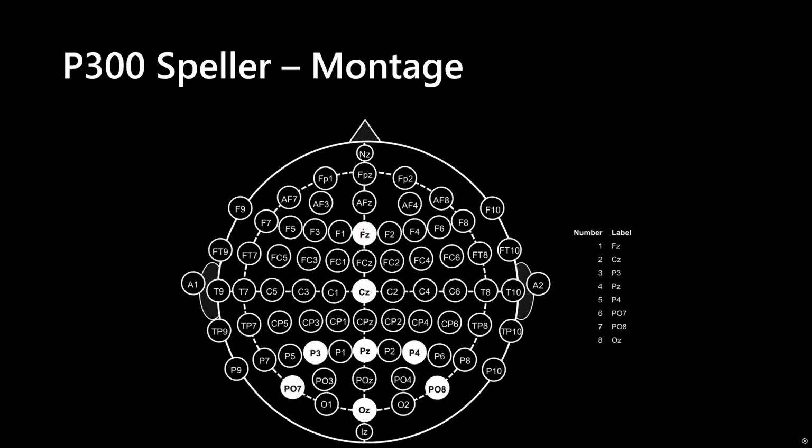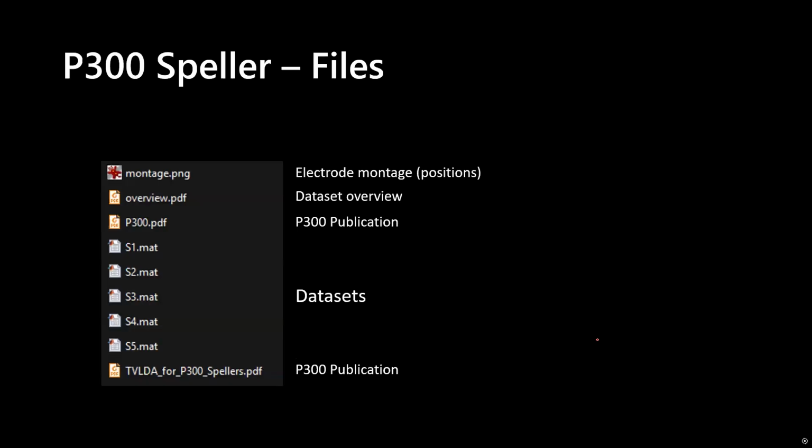Because the P300 is especially focal for these CSET and FSET locations. In this case, as you can see, only 8 channels of data. We have the P300 speller files, electrode montage, which I just showed you, dataset overview, P300 publication, another P300 application, and the datasets themselves.